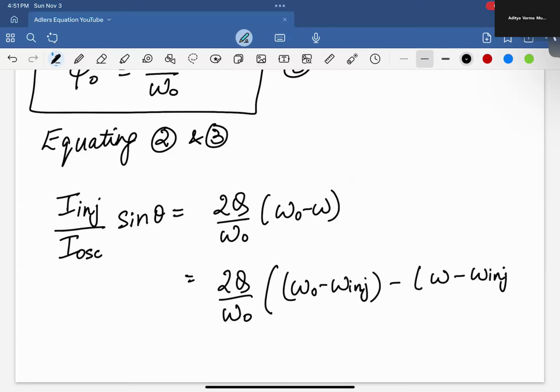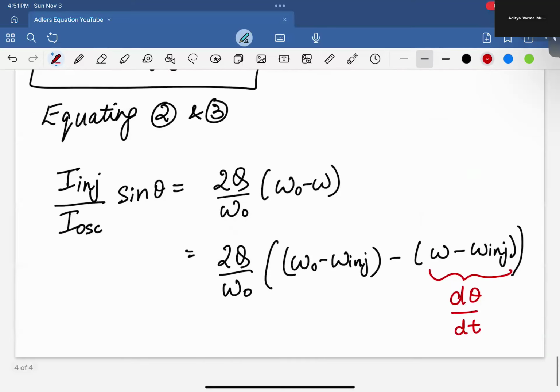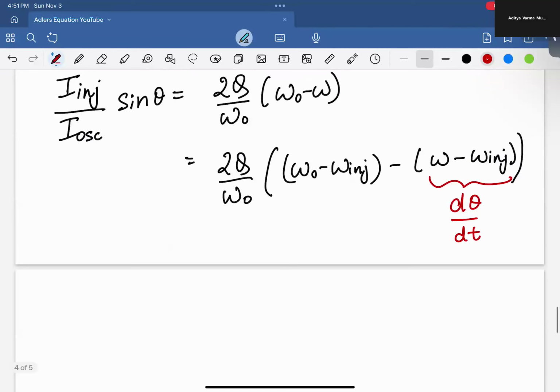Just adding plus or minus omega injection in there. Okay, and then we know that this is nothing but d theta over dt, right? So from that, we can rearrange the terms in here, and that will give us the final expression.